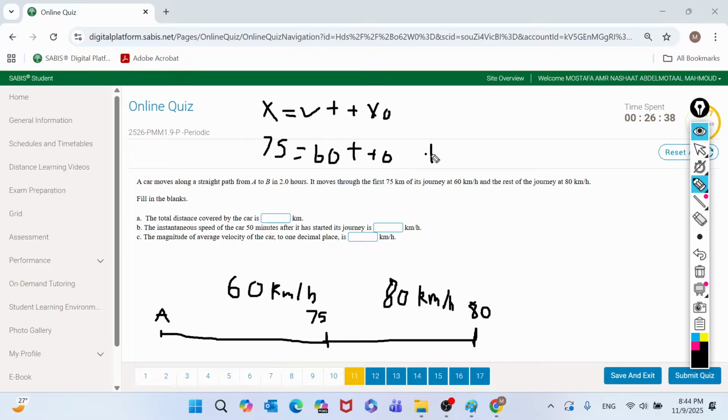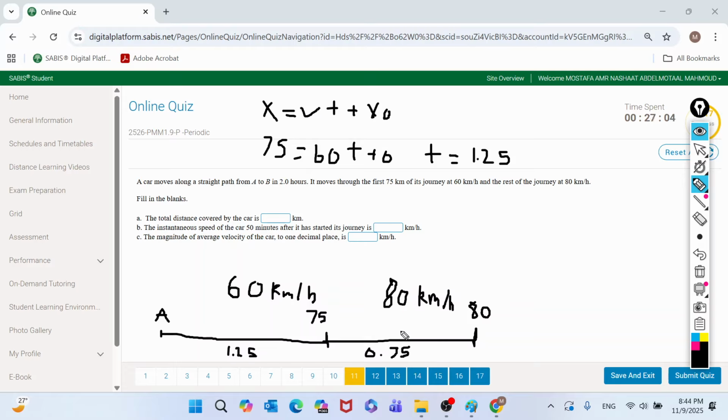So t, you're gonna get is equal to 1.25, which means this part is in 1.25 hours. And then that means the second part is in 2 minus 1.25 hours, which is 0.75 hours.